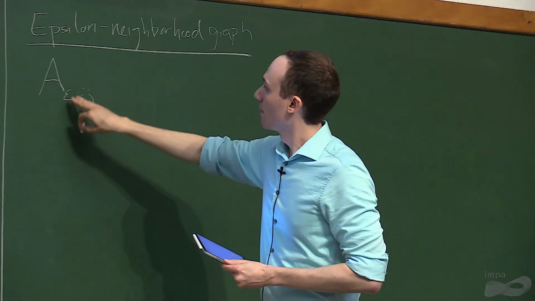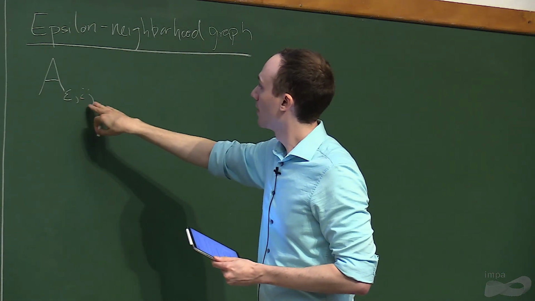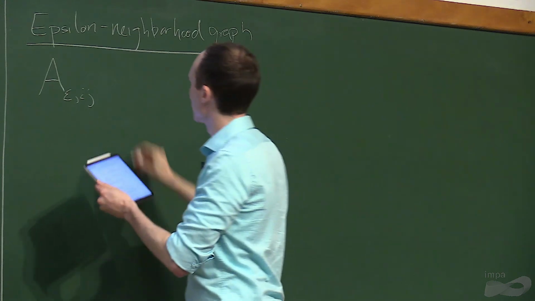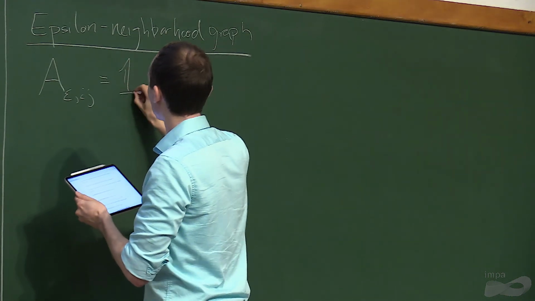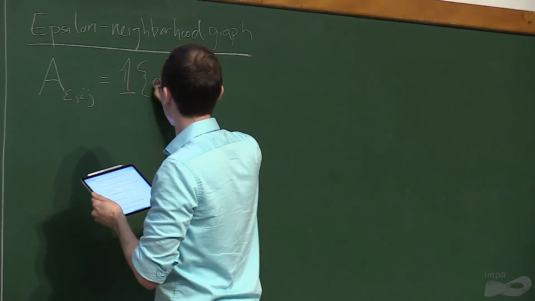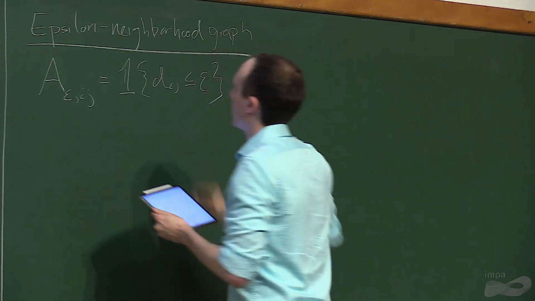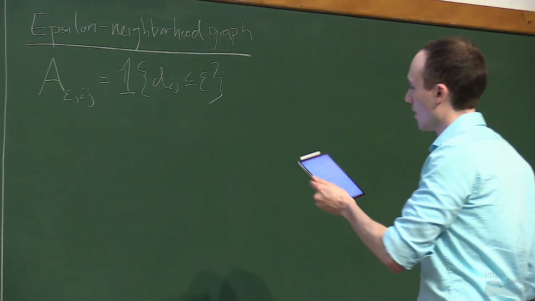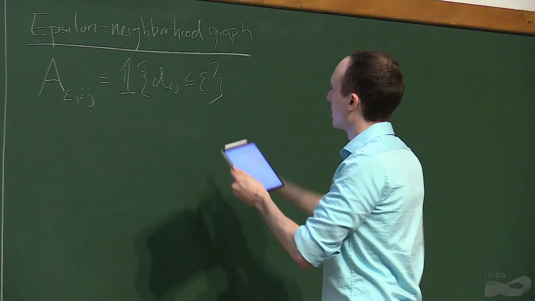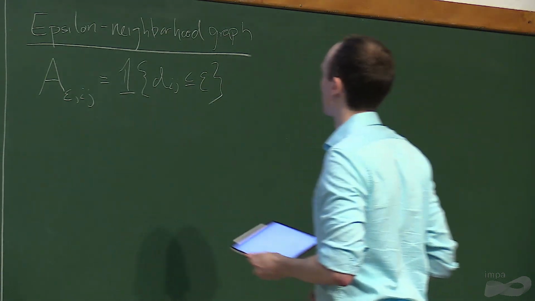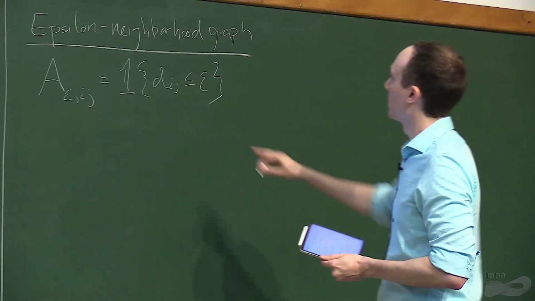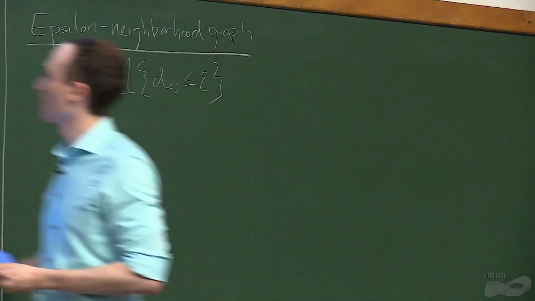So for an epsilon neighborhood graph, element ij of this adjacency is going to be given by an indicator of, now here I'm using d for distance, or dissimilarity, being less than or equal to epsilon.